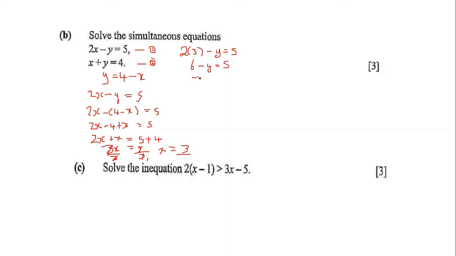So minus y is equal to 5 minus 6, that is negative 1. Then you divide this by negative, and also divide this by negative, so the negatives go. So y here is actually equal to 1. So we close the bracket here.